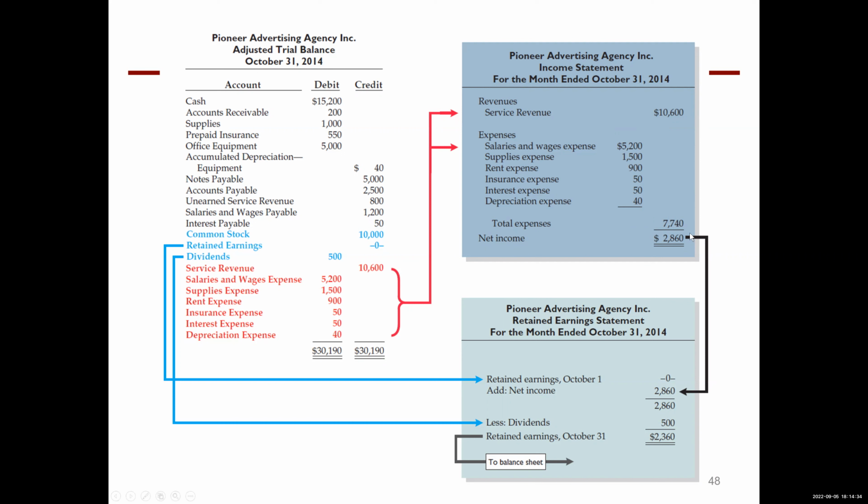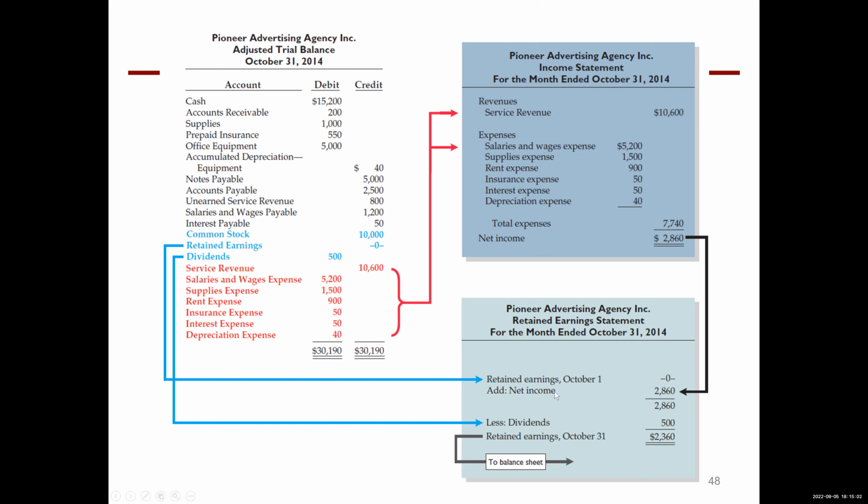Now that net income flows into our retained earnings statement. We're assuming that in this example, we began our business on October 1, so we have no beginning retained earnings. It's 0. We add the net income, and that's our intermediate figure. But we need to include dividends.